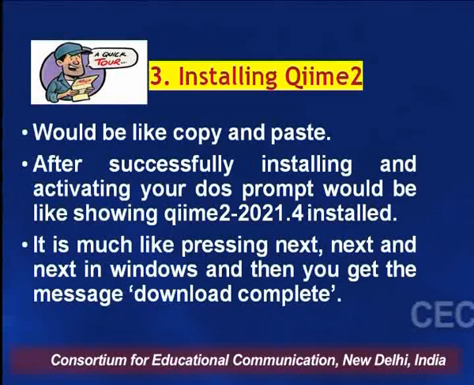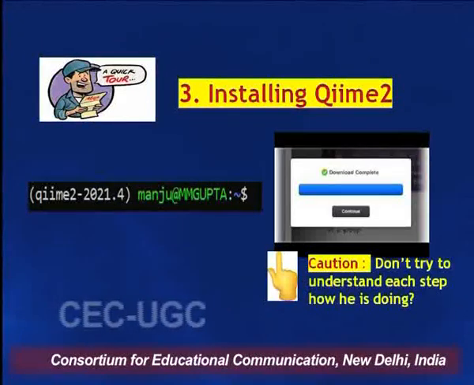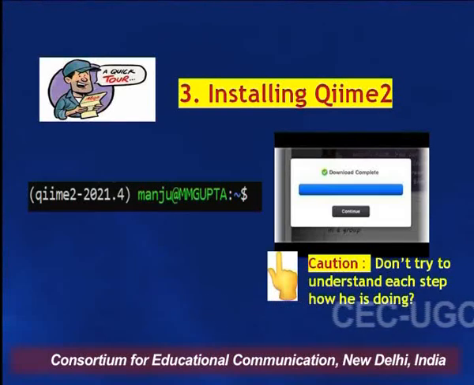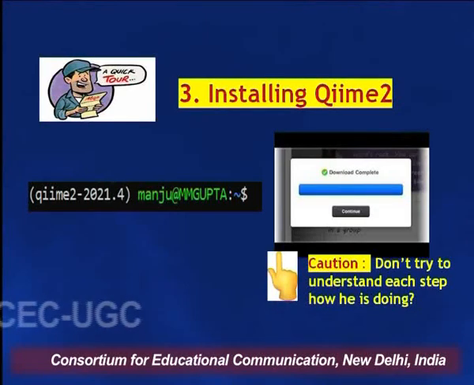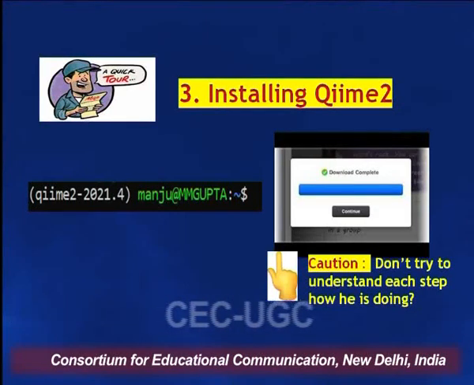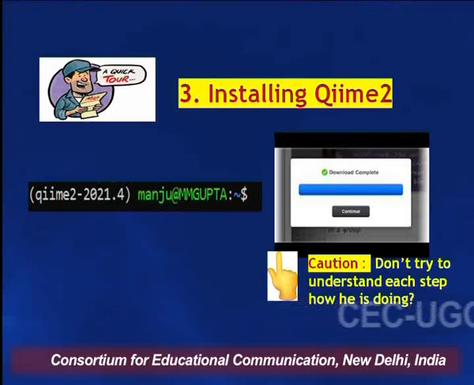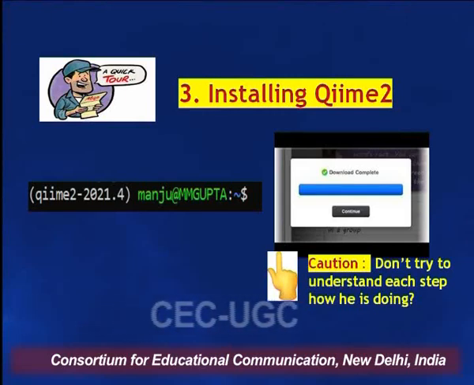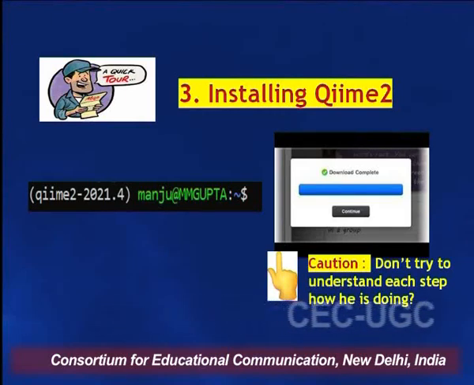They are very simple, like copy and paste. Once you have QIIME installed, like any other download in Windows, you will get a prompt like this, where QIIME 2014 would be written on the left side. If you are a beginner, please don't try to understand what these commands are, but run them safely and carefully.